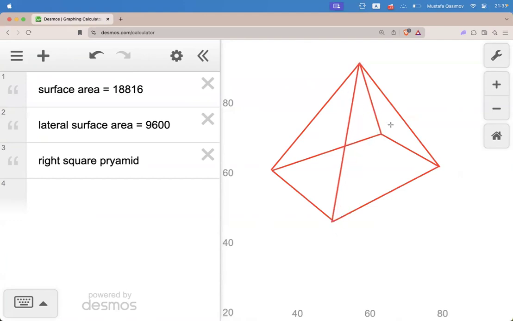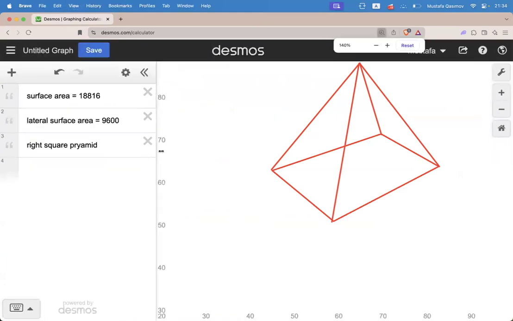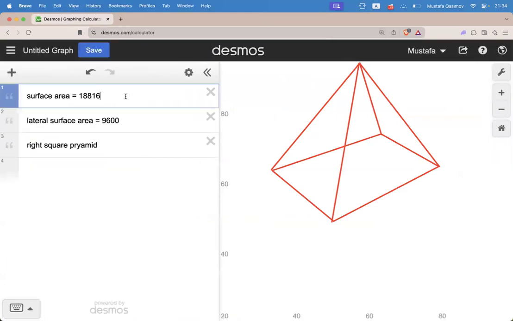Okay, how to find its surface area? For finding its surface area, you have to use this formula. Surface area is equal to four triangles, this triangle, that one, that one, and that one, plus the square base, right?